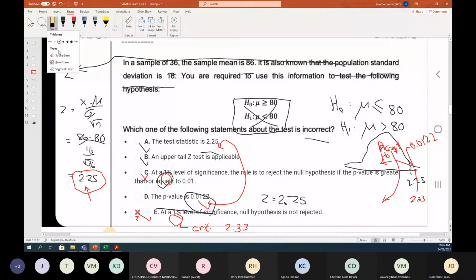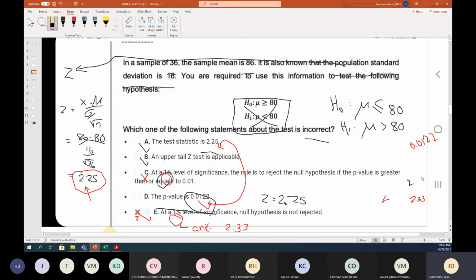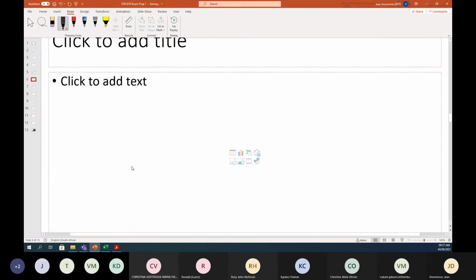Okay, so let's do it a bit clearer as well, and we have a bit more space.